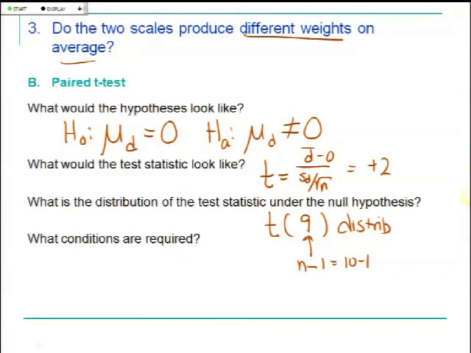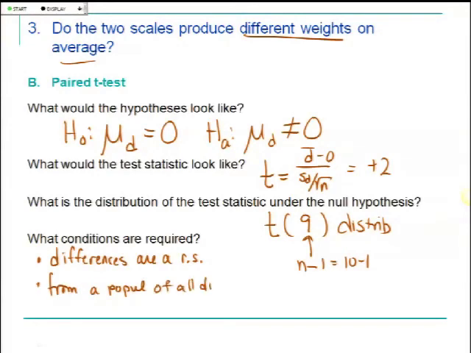And the conditions required is that sort of checklist of 2, but make sure you talk about that being appropriate on the differences. Number 1, the sample. Those differences. The differences are a random sample from a population of all differences, which has what kind of model?